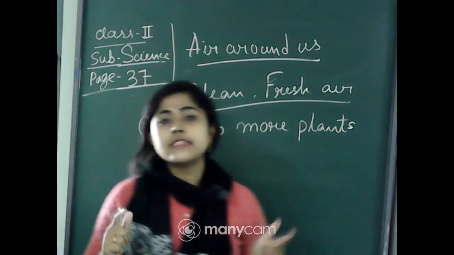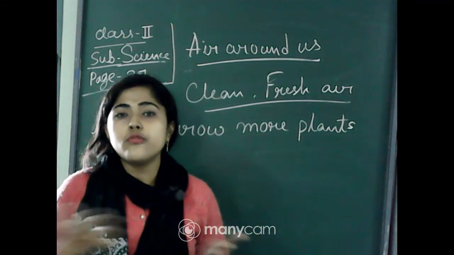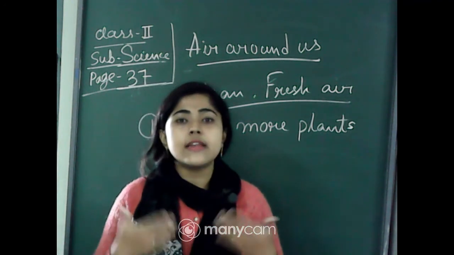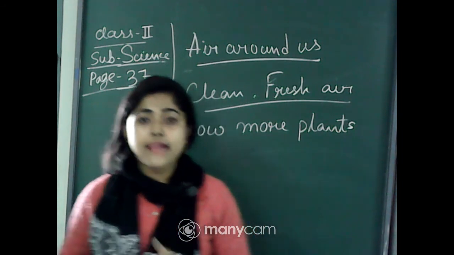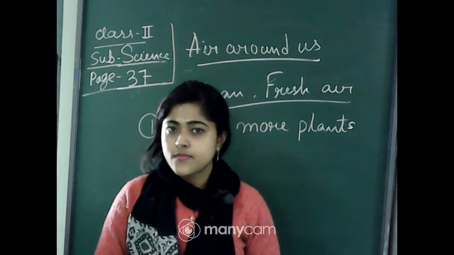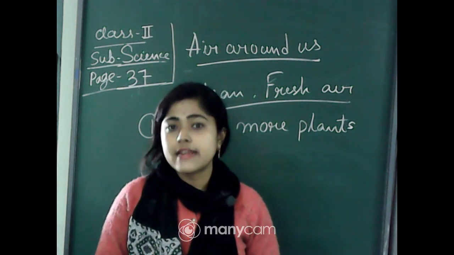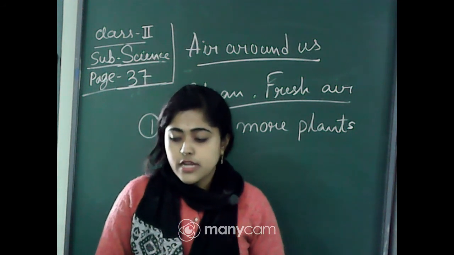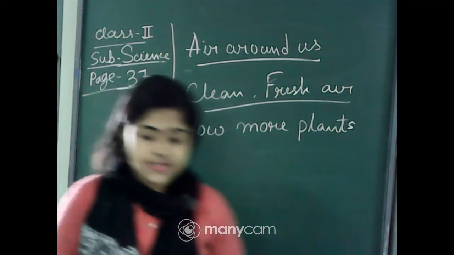But plants are a little different. When they make their own food, they take in carbon dioxide and release oxygen. By this process they make our air clean. Do you understand, everyone, how plants help us make our air clean? So we should grow more green plants around us.